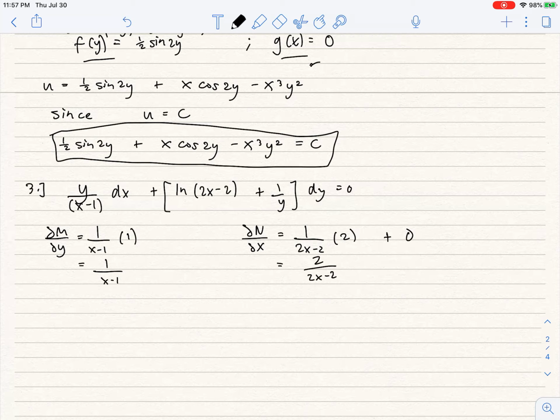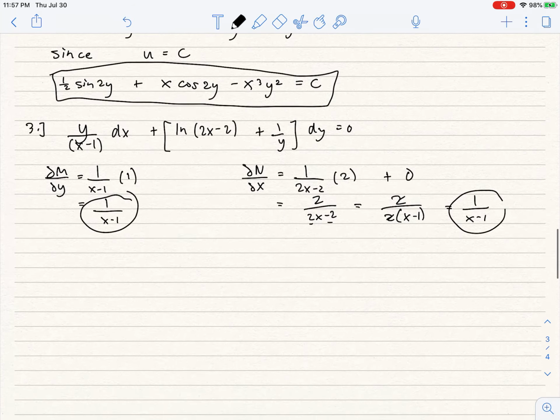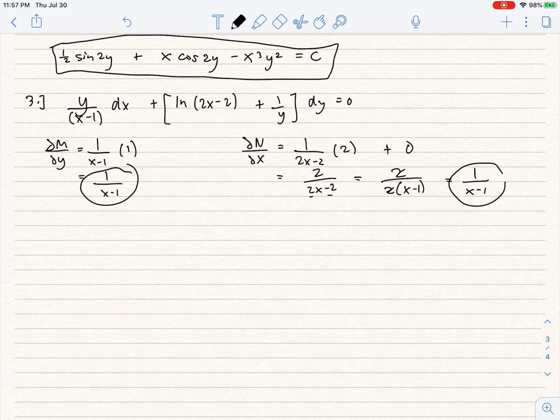If we look at it now, it seems they are not equal. But if we simplify further, they become equal, because this is just 2 over, factor out the 2, x minus 1. Then cancel. This is just 1 over x minus 1. So this and this are equal. Therefore, this example is an exact DE.